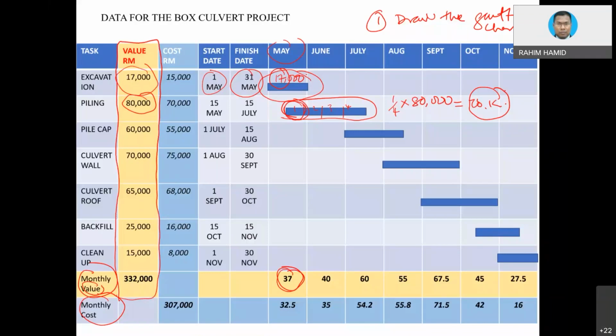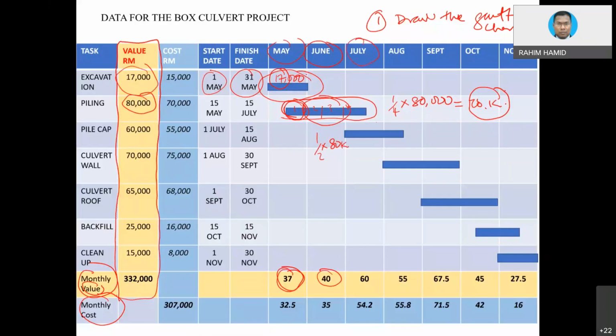And then how about June? Again, we are concentrating on the value aspect using the same Gantt chart. June is basically this aspect. It looks like half of the whole bar, 1/2 of 80,000, which is equivalent to 40K. And then July.